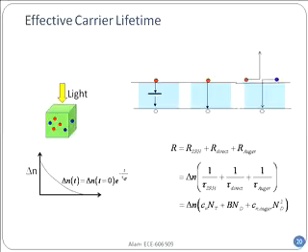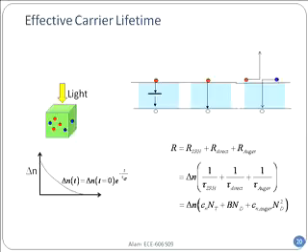And each one of them has a certain dependency. The first term, the Shockley-Read-Hall, depends on the number of traps. The direct doesn't care about the number of traps because no trap is involved. The only thing it cares about is the number of dopant atoms, right?